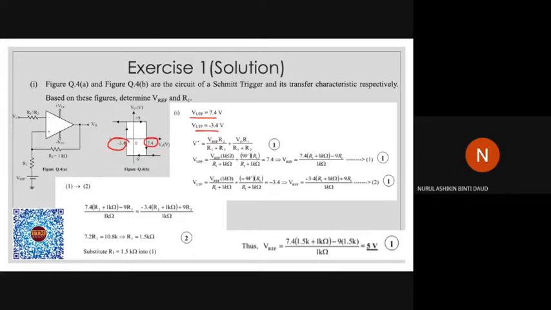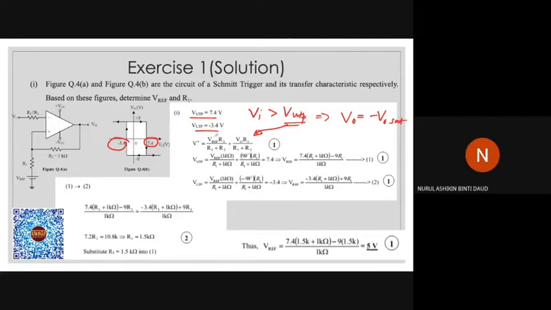So we know this equation, this formula from the previous class. If V input is more than VUTP, the V output will be minus VO saturation. From here, the formula for VUTP involves V reference and R2.